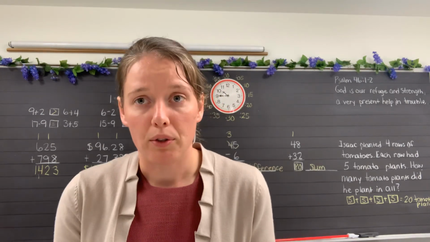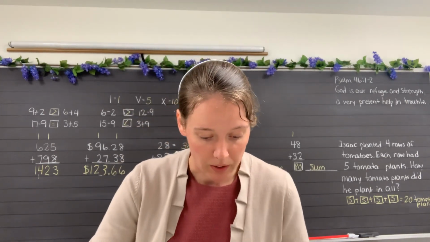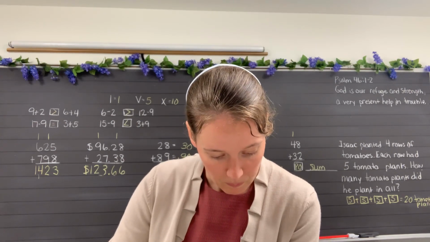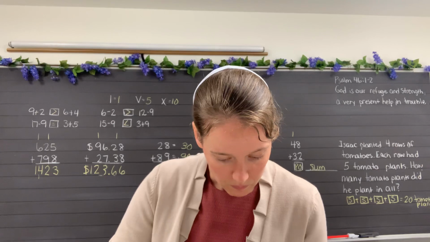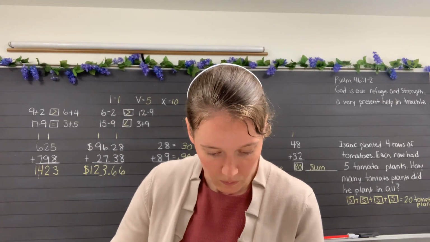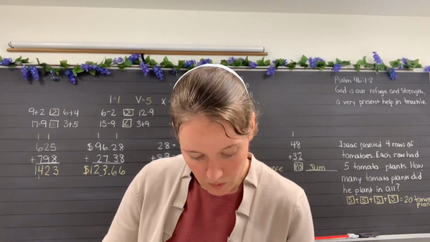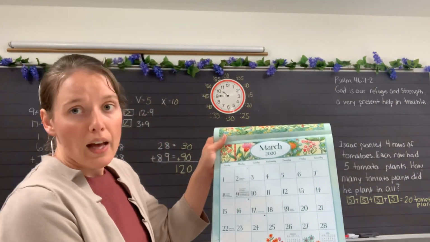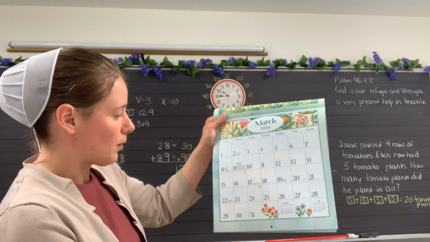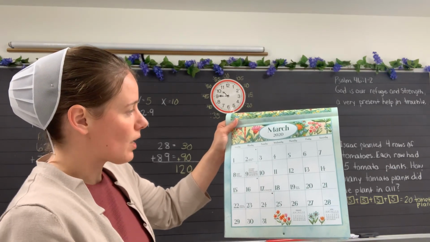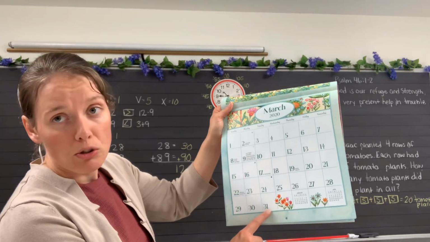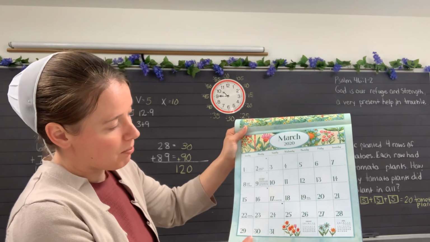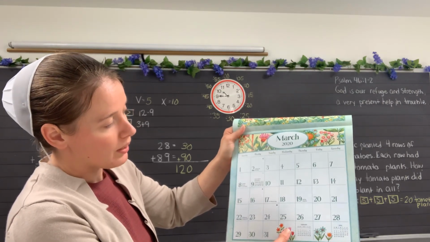Okay, let's go over some calendar things here. Review the calendar. So this is the month of March, and so the last Tuesday of the month would be the 31st, and the first day of April, which is the month after March, will begin right here.